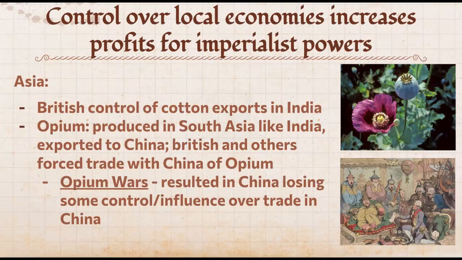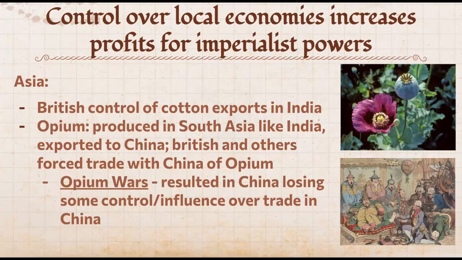Okay, so with control over local economies, there'll be an increase of profits for imperialist powers. So we will see this in Asia happening between Europe and then the Chinese powers, as well as in India as well. So with that, there's going to be British control of cotton exports in India. The British are also going to force trade with China for opium.